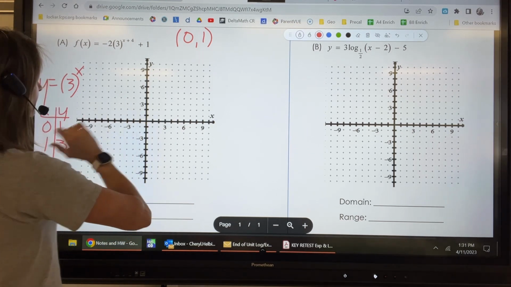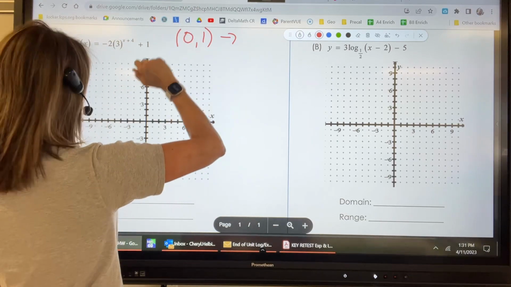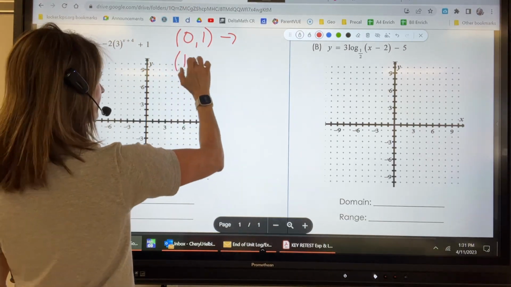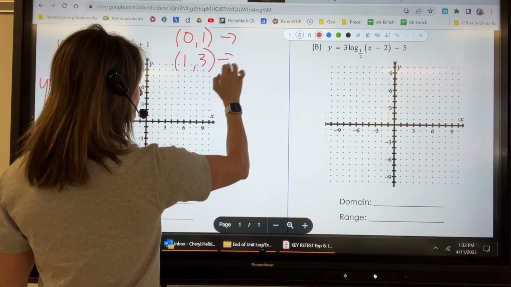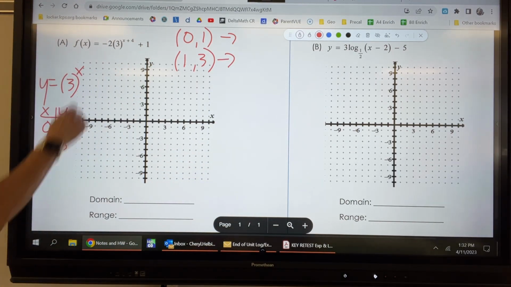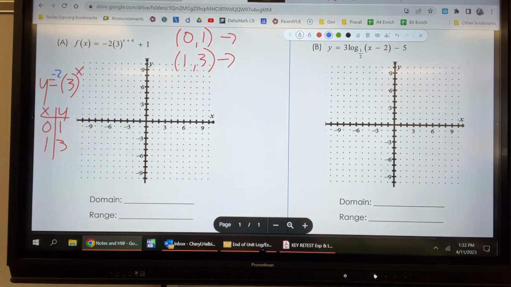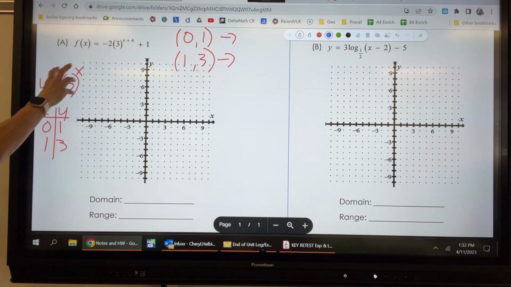Now, before I plot those, usually I multiply by the a, because what happens with that a, if we put a -2 in front here? We're inputting our 0 still for x, and this is still 3 to the x, but there's a -2 waiting in front of it.